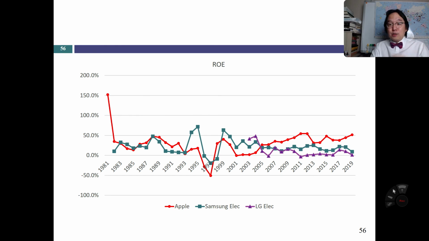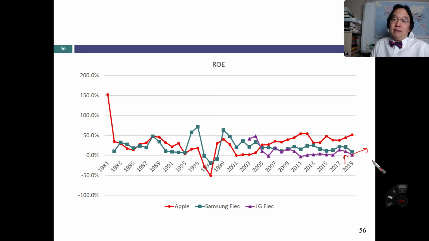Apple is also shown over there. LG is also a wonderful one these days after Gu Gwang-mo took over in 2018. Temporarily, the ROE this year was not that good, but eventually it will take off, I guess. LG Chem is doing very well over there. The top guy matters a lot.